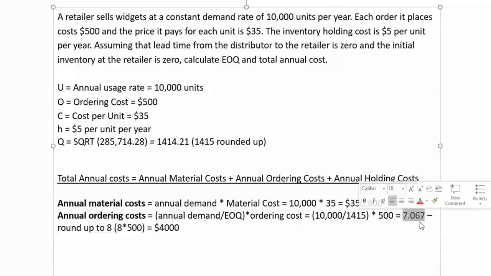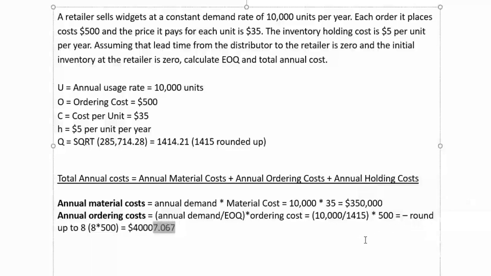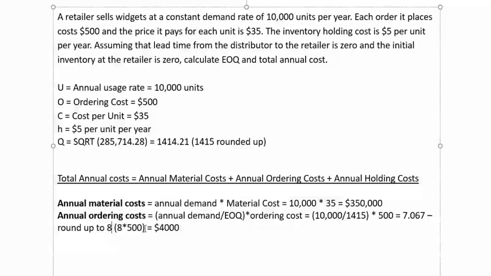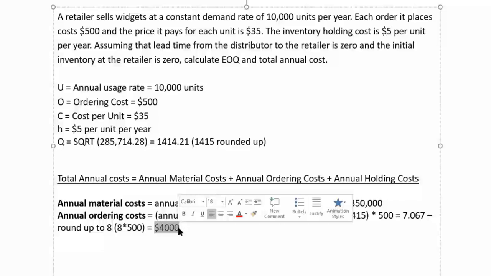Once again, we have to place full orders because it's a cost per order. So we round up to 8. That last order is not going to be a full order, obviously, but we have to order it anyway. So now we multiply that 8 by 500, and it gives us $4,000. That's our annual ordering costs.